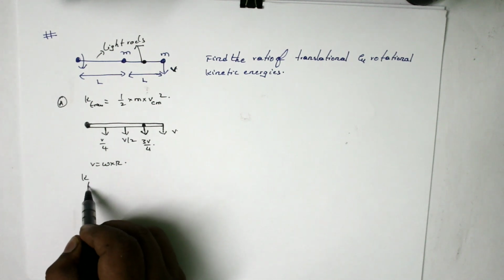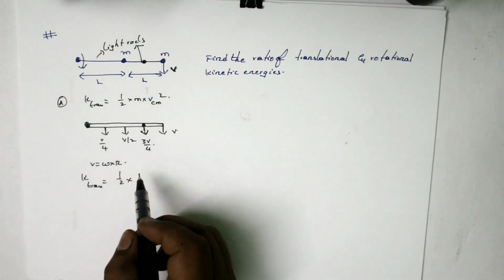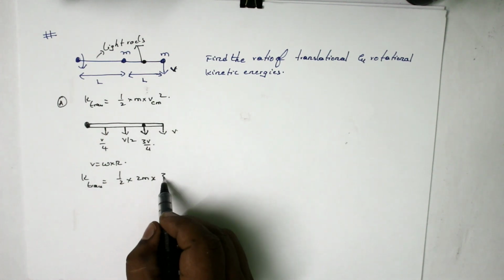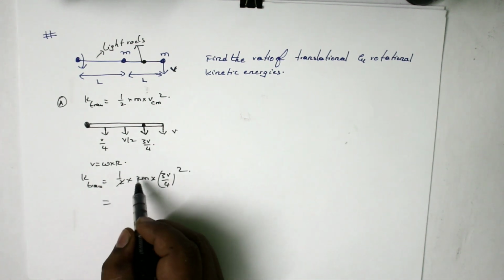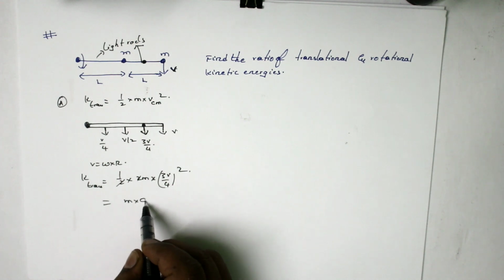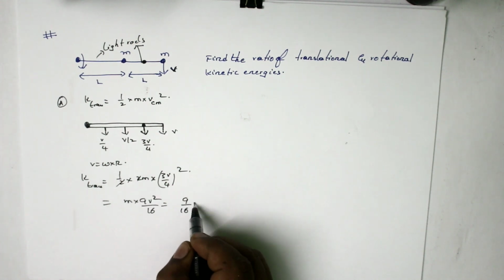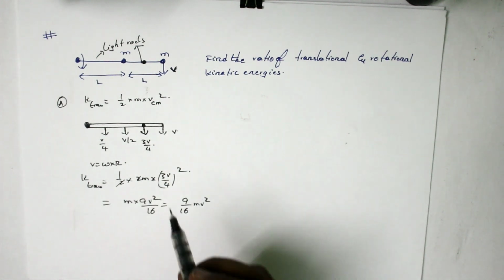So K translational can be written as half into total mass, two masses are there, so 2m, and velocity of center of mass is 3v divided by 4 whole square. So 2 and 2 get cancelled, so m into 9v square divided by 16, or 9 by 16 mv square is the translational kinetic energy of this rod.